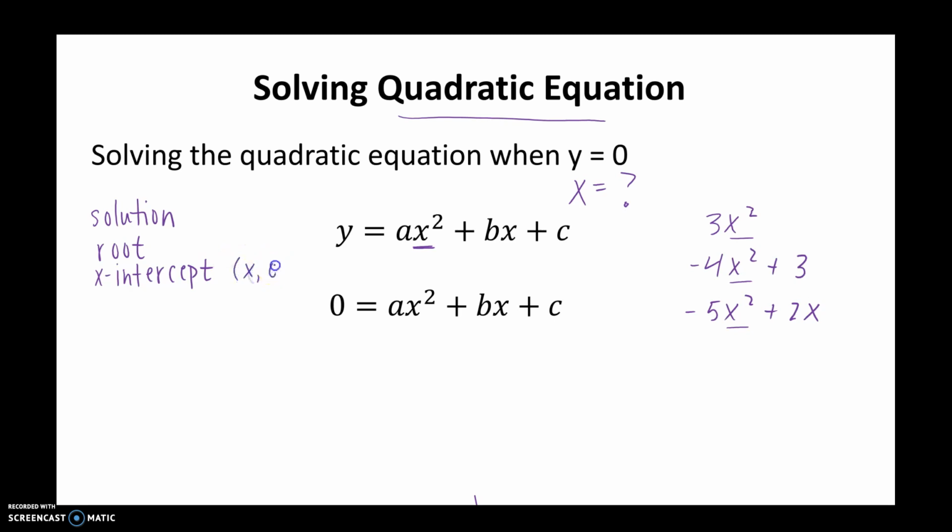We're finding the x value when y is equal to 0. And then the fourth term for this is finding a 0. Okay, so all 4 of these things are equivalent. So whenever you're asked to solve any type of equation, you're really finding the root of that equation, which is really the 0 of that equation, which graphically is the x-intercept.